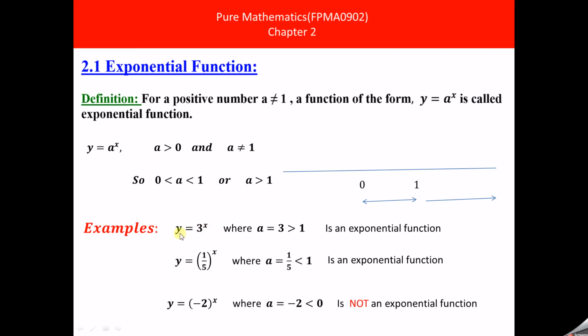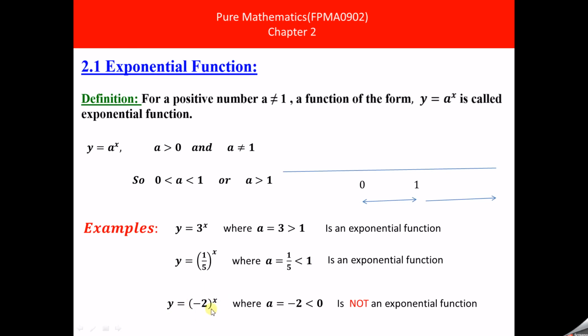So in the first case, the base a is 3, a positive number greater than 1, so it is an exponential function. In the second example, 1 by 5 is a positive number and less than 1, so it is an exponential function. Let us take the third example, y equals minus 2 whole power x.